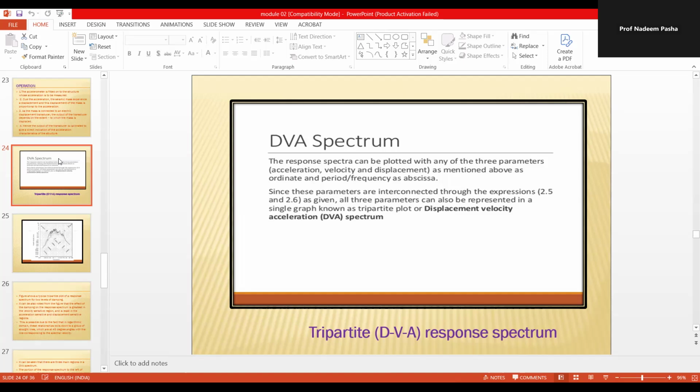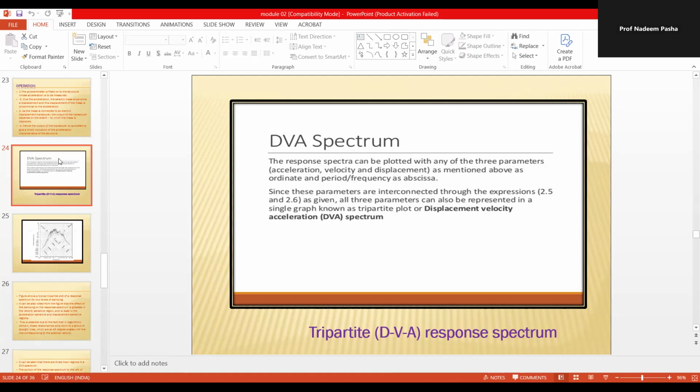If you know the acceleration, the velocity, or the displacement, you can easily plot the spectral displacement. So you need to draw a graph of it.